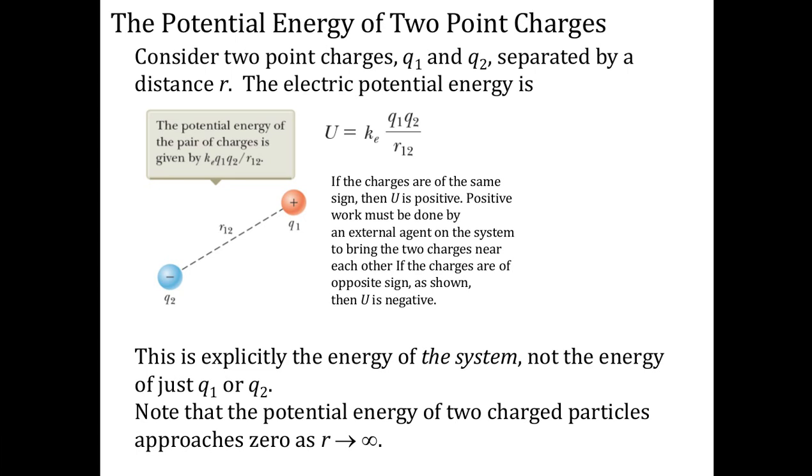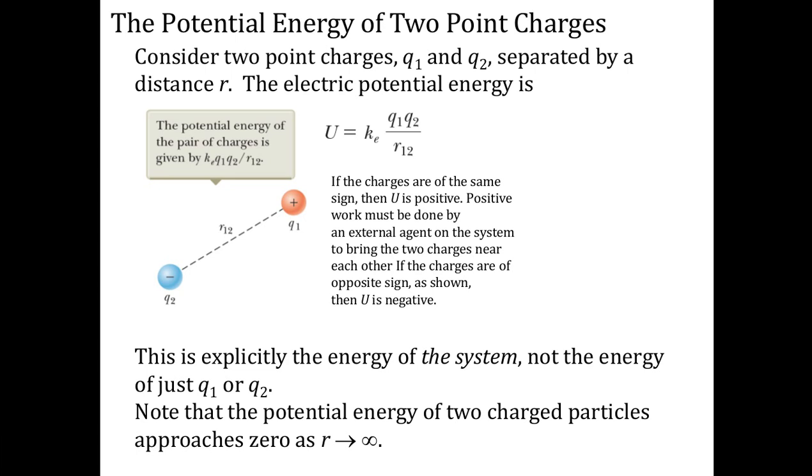So there's positive potential. So if you let go of that system, there's potential energy stored in that system, which would be transformed to the kinetic energy of the charged particles, right? So they would repel each other and they would go in opposite directions.